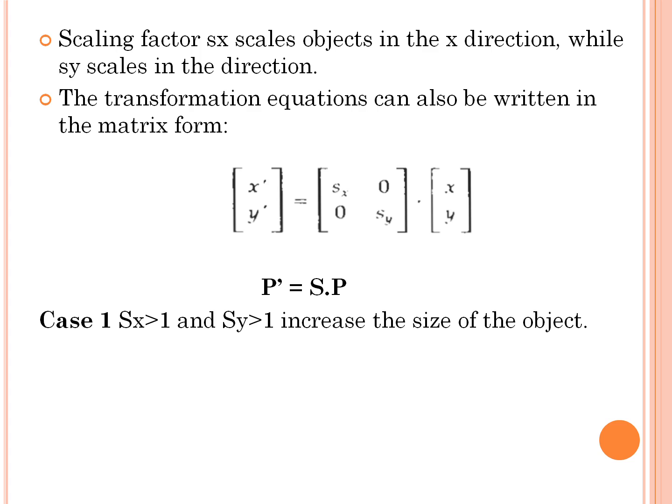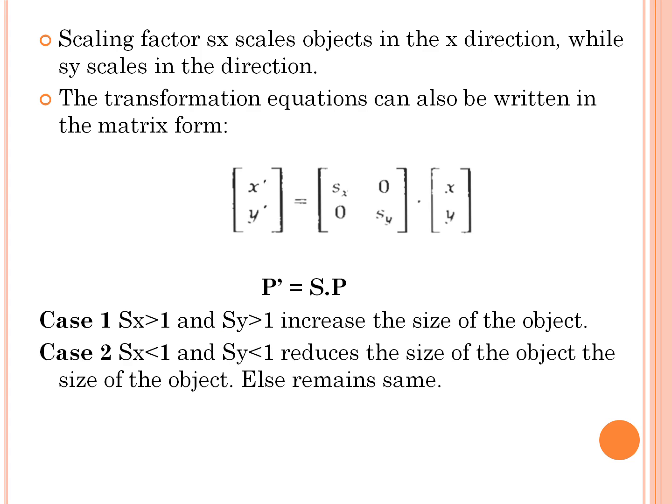Here we have three cases. If the scaling factor sx is greater than 1, as well as sy greater than 1, then the resultant object will be increased in size.